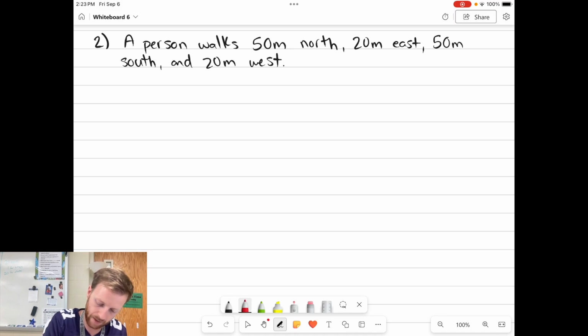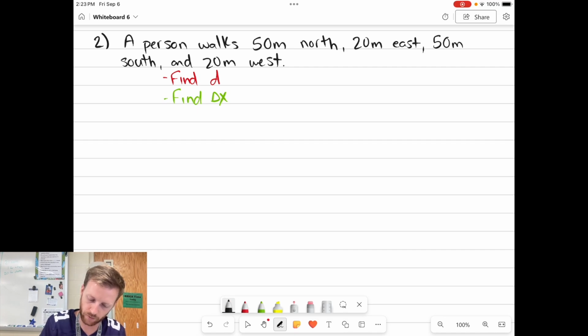And we're going to do the same thing. First, we're going to find distance, and then we're going to find displacement, or delta x. So let's draw our picture of what this guy's doing.